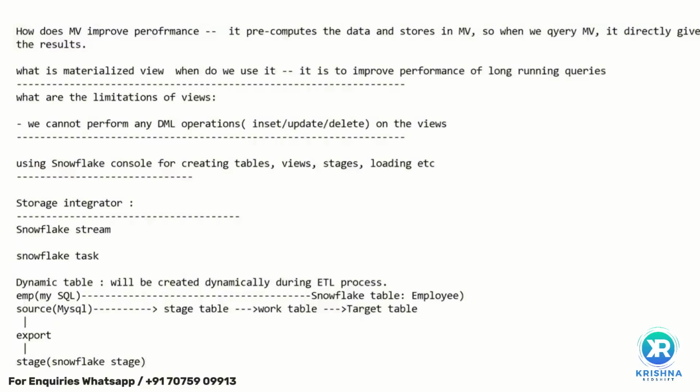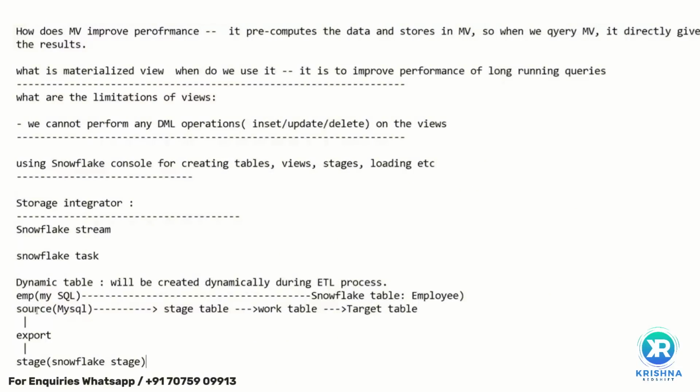In AWS, source data will come to S3. In Google Cloud, source data will come to a GCS bucket. In Azure, it will come to an Azure bucket. Similarly, in Snowflake, it will come to the Snowflake stage.